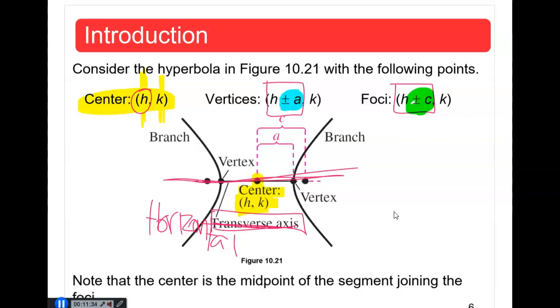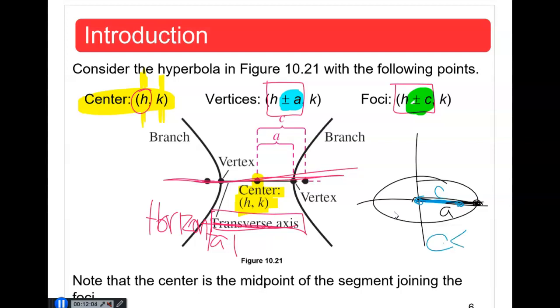You could also see that when we were discussing an ellipse, we had that the distance from the center to one of the vertices was considered A, and then we also had that the distance from the center to one of the foci was considered to be C. And here in this case, C was smaller than A. So with the case of a hyperbola, we're going to have the other case.